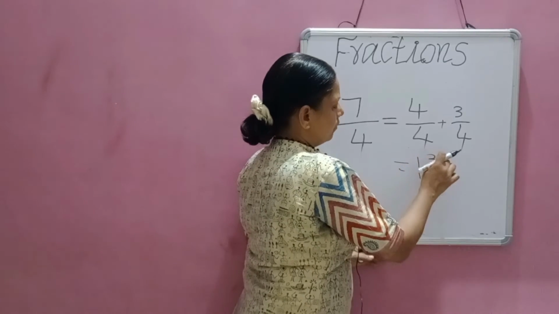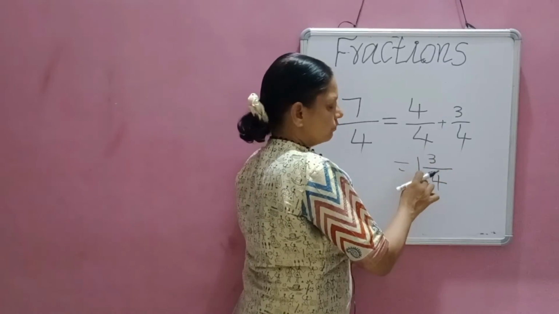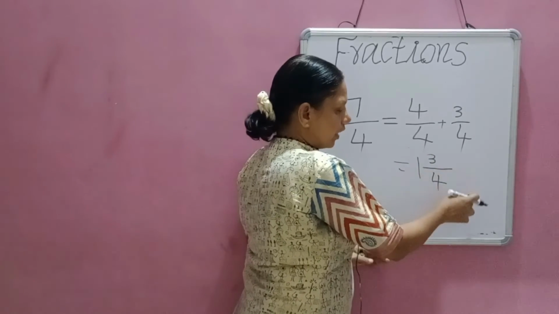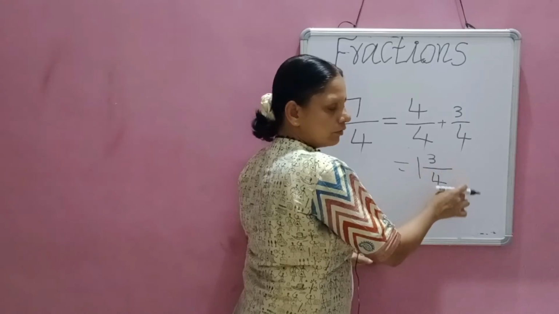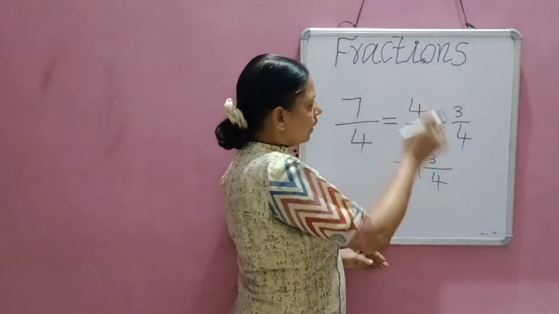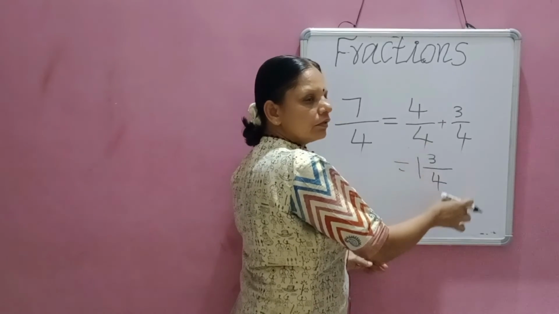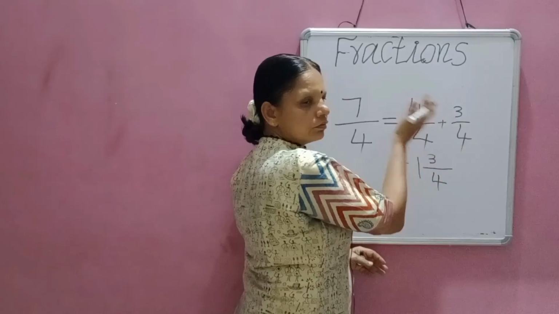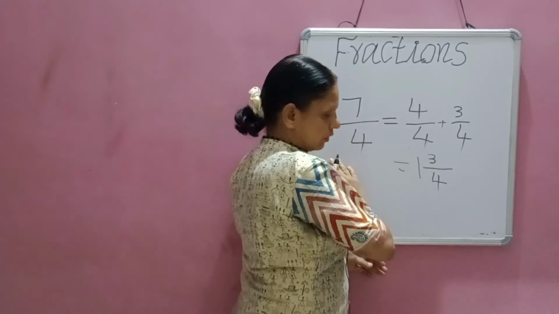This way you have to write in the form of mixed fraction. 1 3 upon 4. It is read as 1 and 3 upon 4. Where will its value be? It is greater than 1 but less than 2. And also we can convert the mixed fraction into improper fraction. How is it?